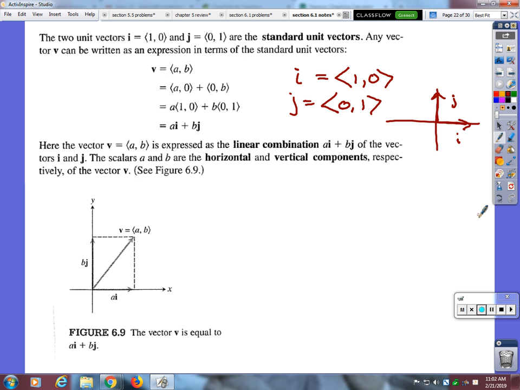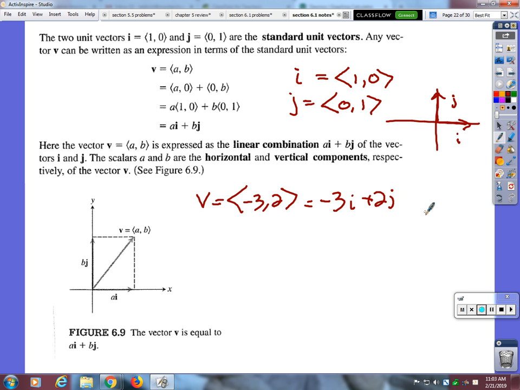One of the things that's fun about those unit vectors is you can take any vector and rewrite it as a linear combination of those 2 vectors. So for example, the one from the last problem, negative 3, 2. I can take the vector v equals negative 3, 2, and rewrite it as negative 3i plus 2j.